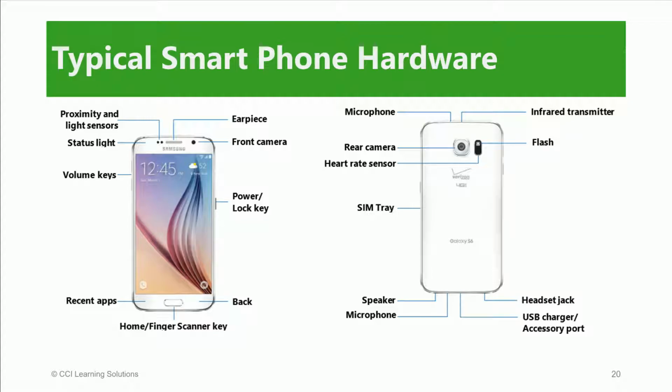Now here's your standard smartphone. It has proximity and light sensors, a status light, earpiece, front camera, volume keys, a power lock key, a back button, a recent apps button, a home or finger scanner key, a microphone, an infrared transmitter, rear camera, flash.